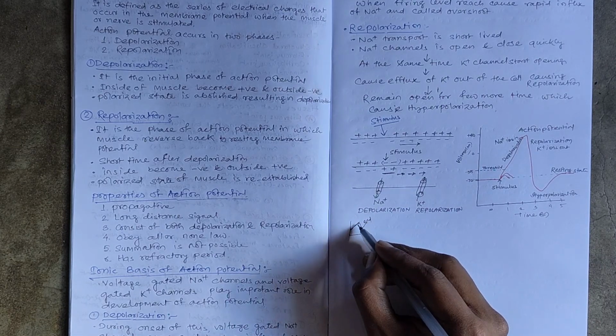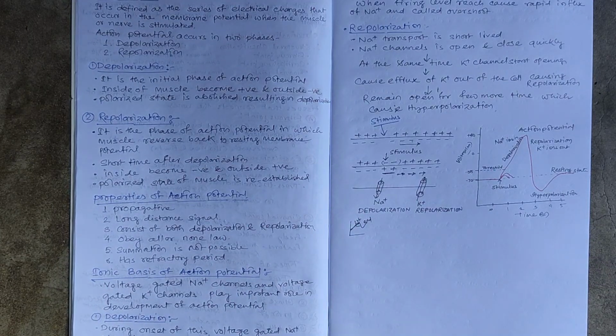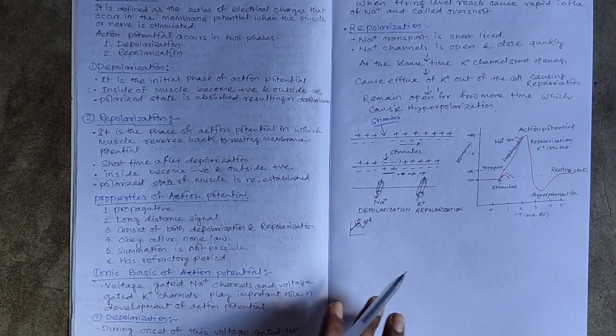And it has a refractory period. So these 6 properties: propagative, long distance signal, consists of both depolarization and repolarization, obeys all or none law, summation is not possible, and has a refractory period.